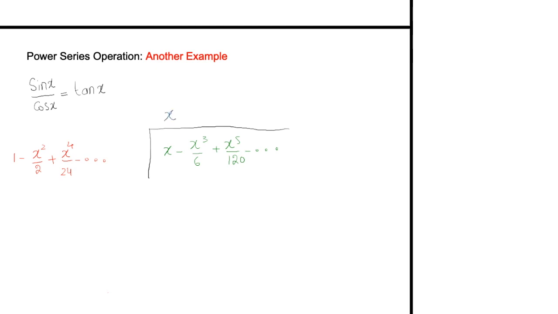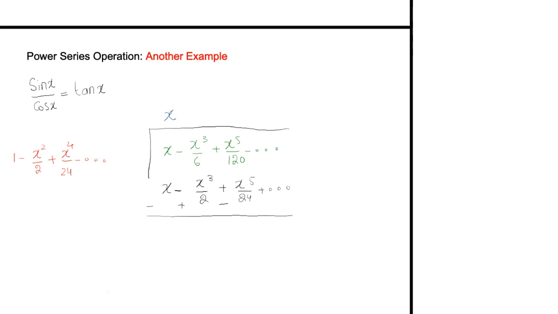Now if this series is multiplied by x, we will get x minus x cubed by 2 plus x5 by 24, and so on. We will change the sign, minus, plus, minus.